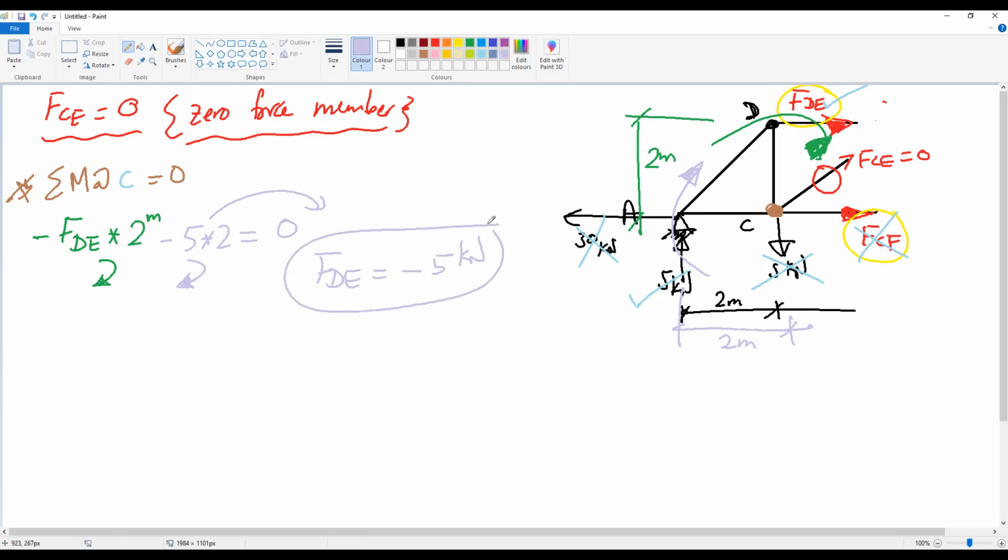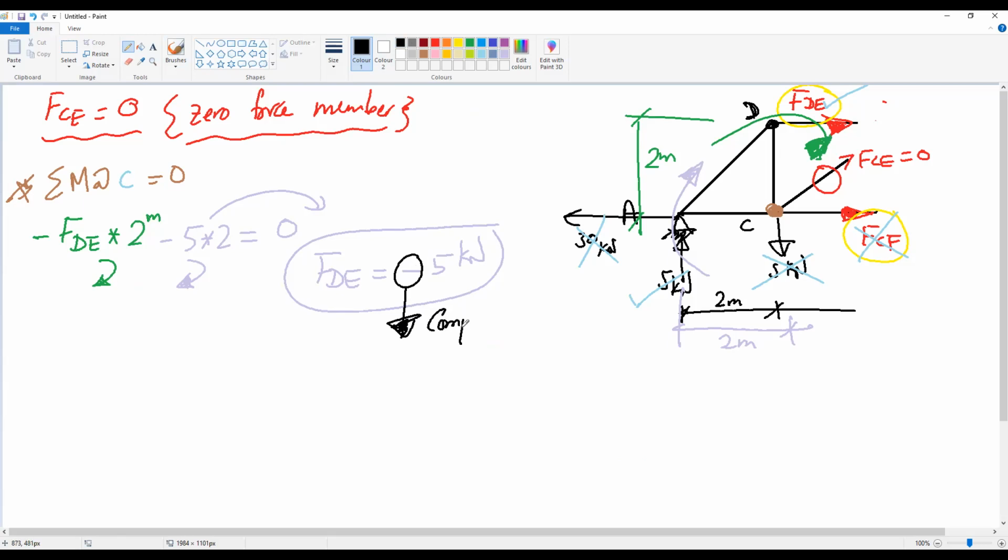What does this negative mean? Compression.